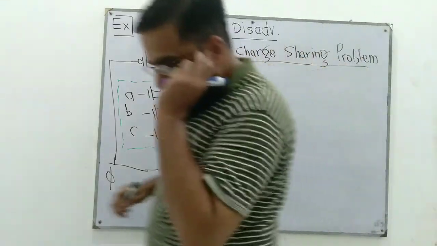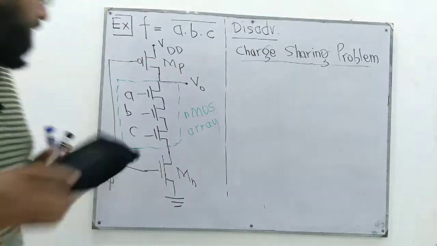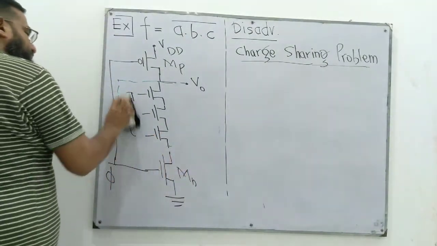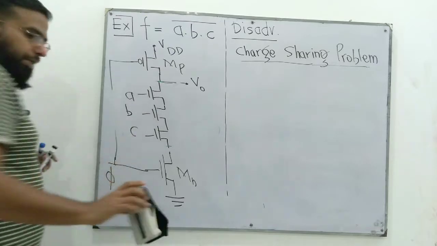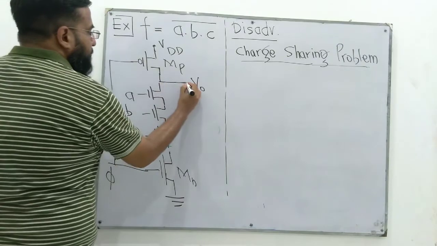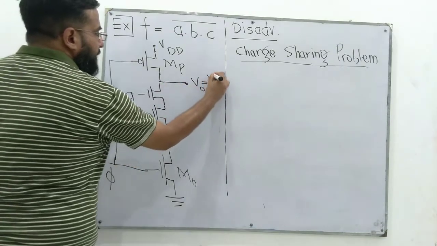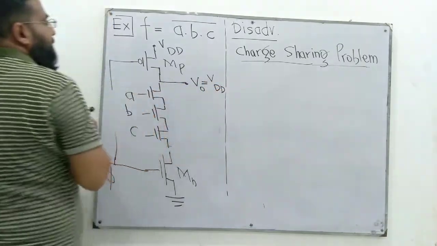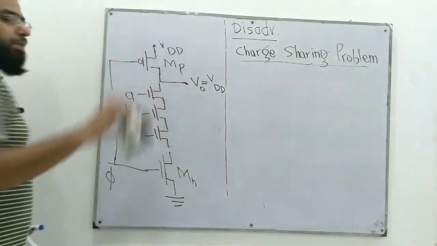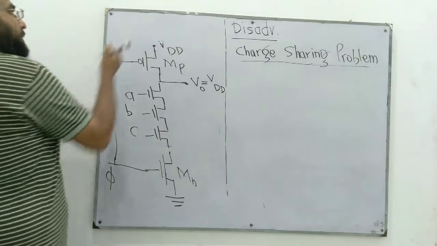Suppose we are using this circuit and we are working in pre-charge mode where phi is equal to 0. This means that the output is supposed to be at VDD.